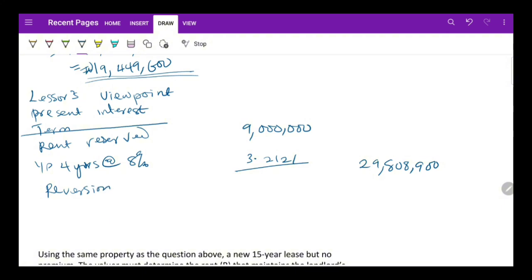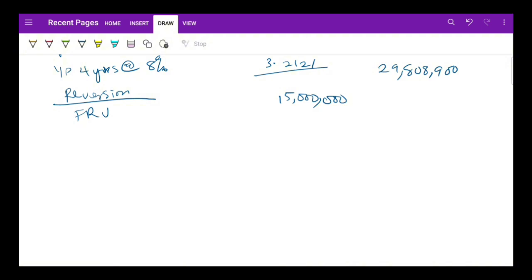Then we do the reversion to the full rental value, and then we have the FRV, which is 15 million, and then we capitalize it by the YP in perpetuity deferred 4 years at 8%, which is 9.1875.